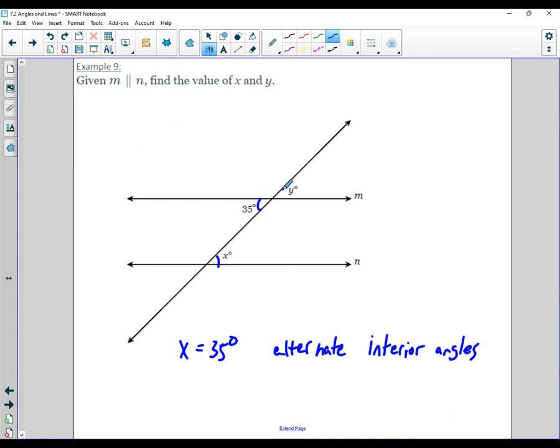Well, and then I also know that Y is 35 degrees from vertical angles. Right? And you could say from corresponding angles once you have x, but I'm just saying, I'm thinking right here, there's 35 degrees here. Oh, y is 35 degrees because it's a vertical angle, right? They are just the same. And that is going to wrap up 7.2.